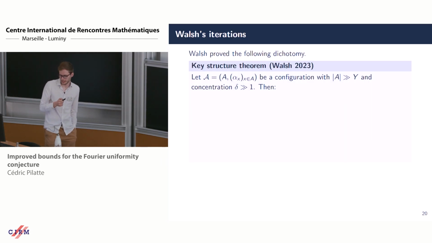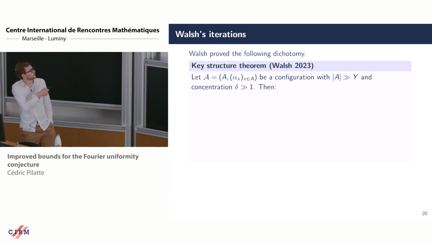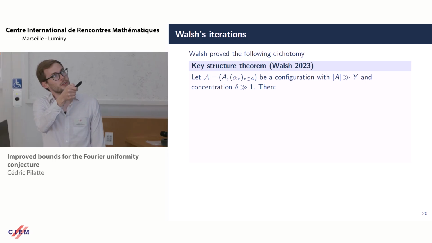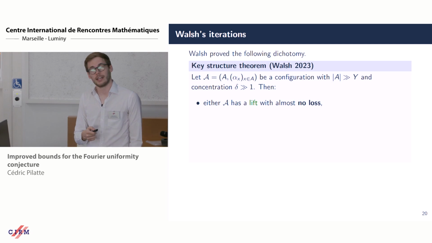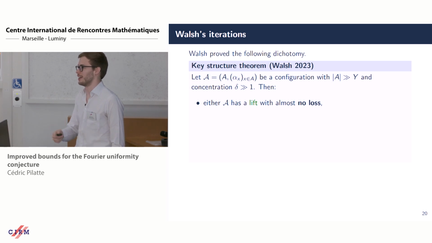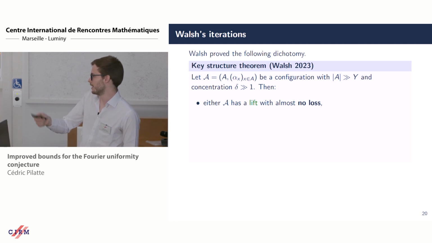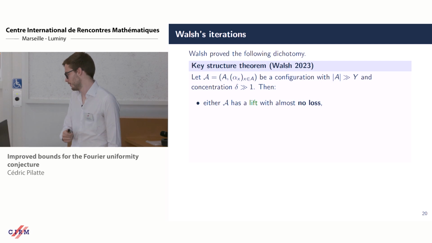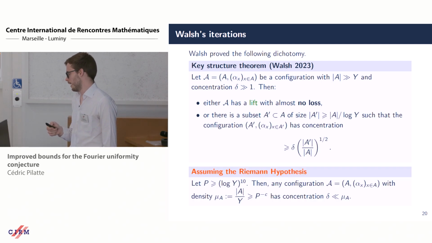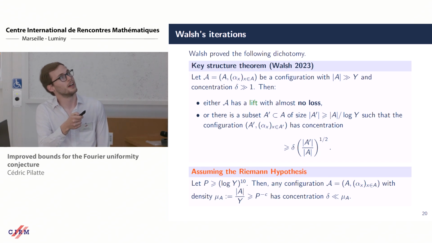And roughly speaking, Walsh proved this key structure theorem. So Walsh proved that if you have a configuration where the size of the set is a constant proportion of everything, and the concentration is very large, then one of two things happens. Either your configuration has a lift, and there is almost no loss, so we are very happy, and we can iterate this many times if there is almost no loss, or there is a subset A prime, which is not too small.